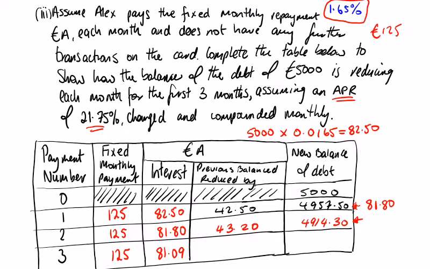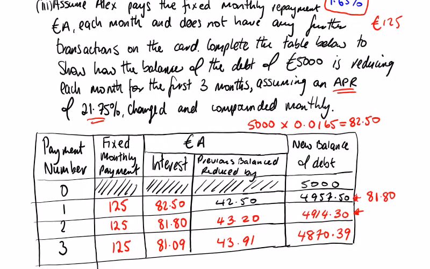Taking 8109 away from 125, we're going to get 4391. And taking 4391 away from 4914, we're going to get 4870.39. An unusual type of question, more a business studies type question than Leaving Cert higher level maths, but you have to be ready for all eventualities.